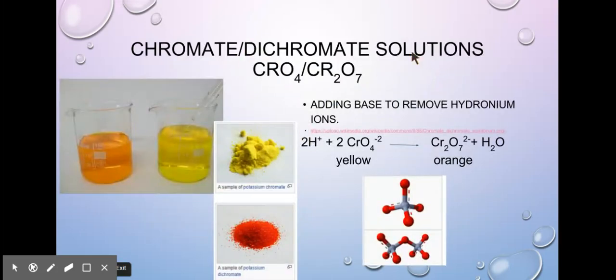The other one we spent a bit of time on was the dichromate ions. And there's the dichromate. It's got two of these chromates together, joined through an oxygen bond, and it's kind of lost a water molecule to do that. Now, the dichromate is the orange one, and the chromate is the yellow one.